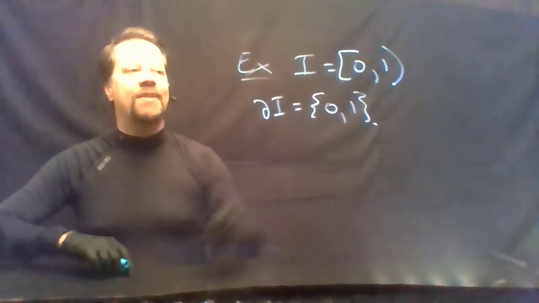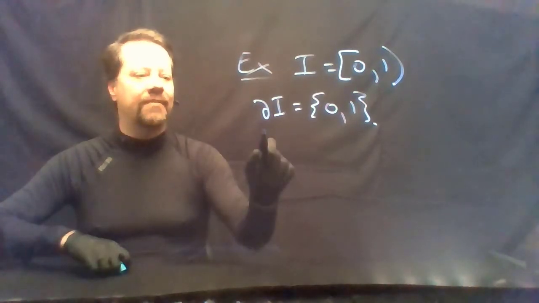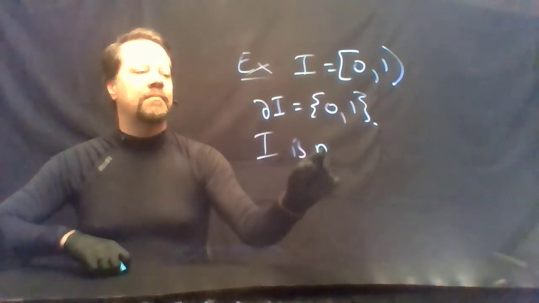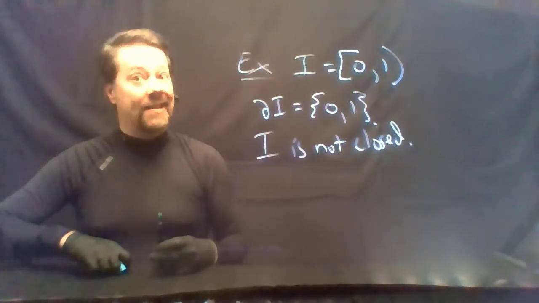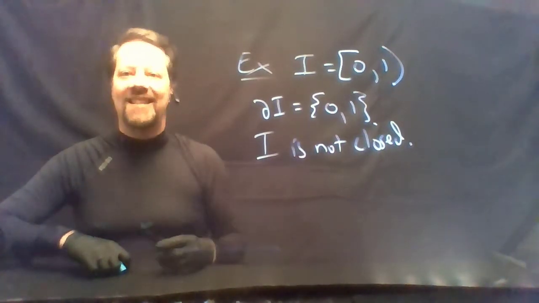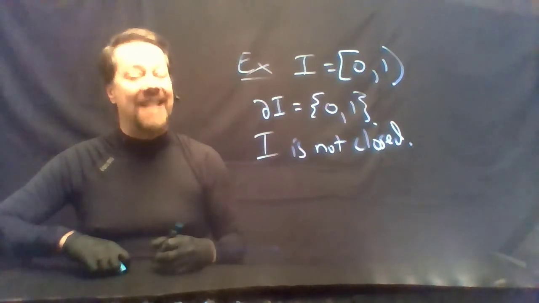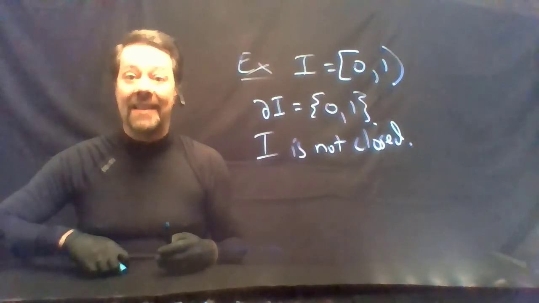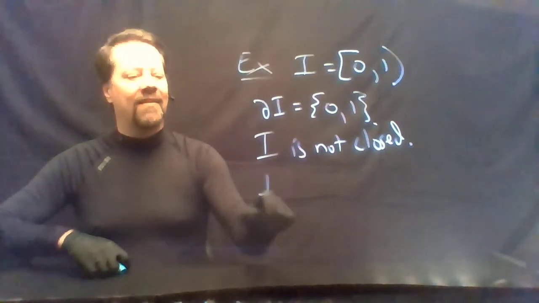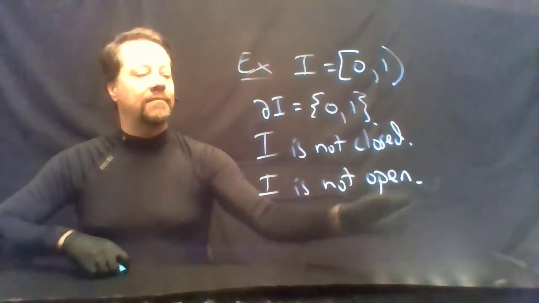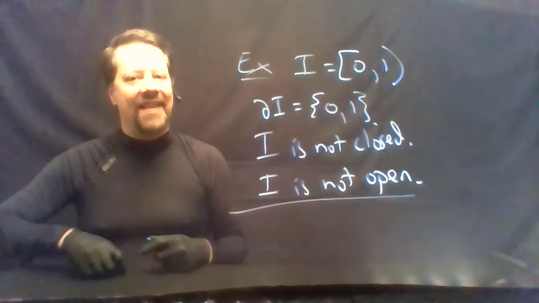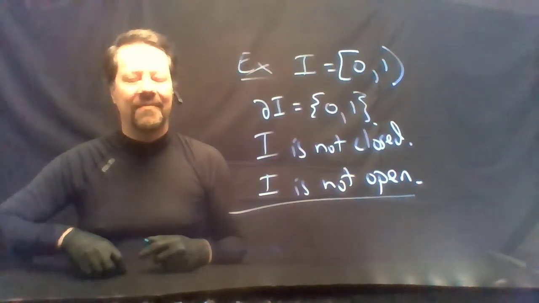And that's not a subset of I, so I is not closed. But it's not open either, because it contains 0, and 0 is not an interior point. It is a boundary point. So this set is neither open nor closed.